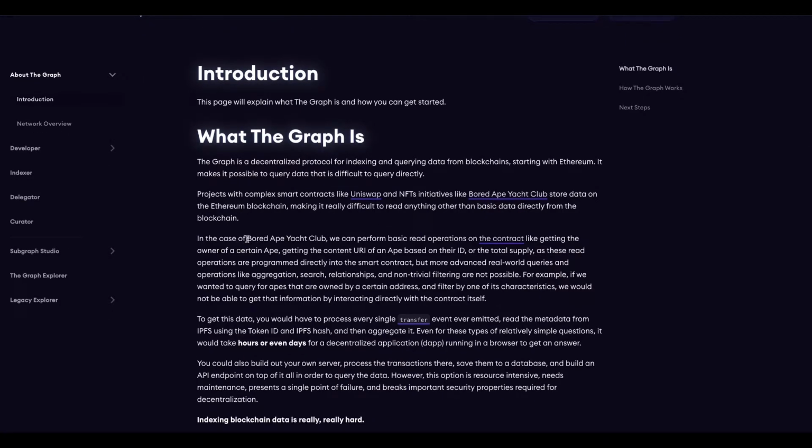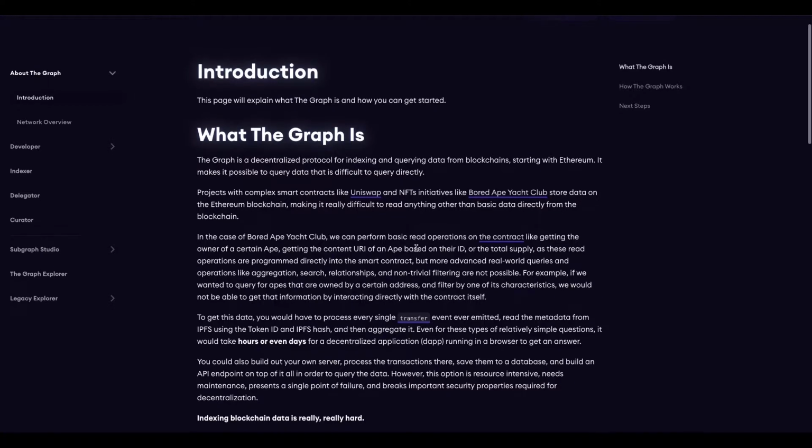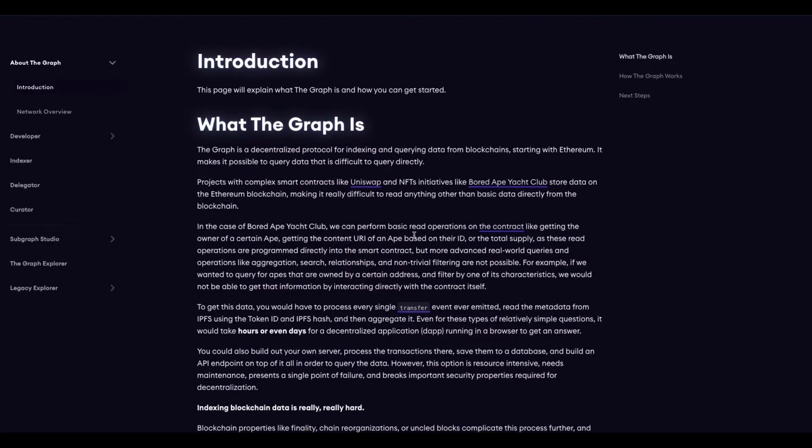They use Bored Ape Yacht Club as an example. That's a type of NFT. It's easy to get simple data from this, like ID and supply.